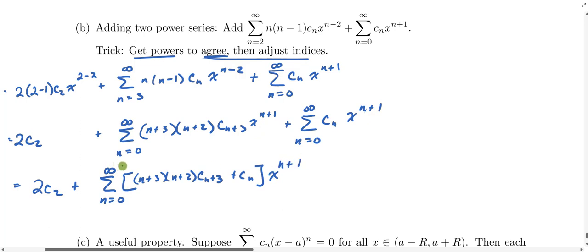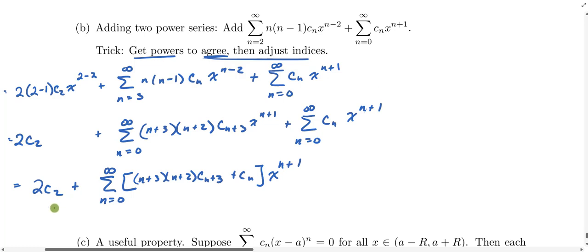You don't need to put this grouping symbol in there, but just to clarify, that whole thing is sitting inside the series. But the idea was these both had a common factor of x to the n plus 1, and I pulled that common factor out.